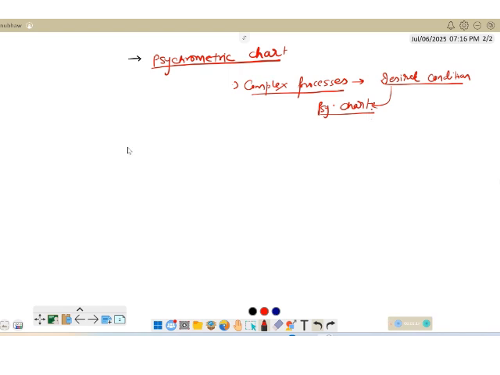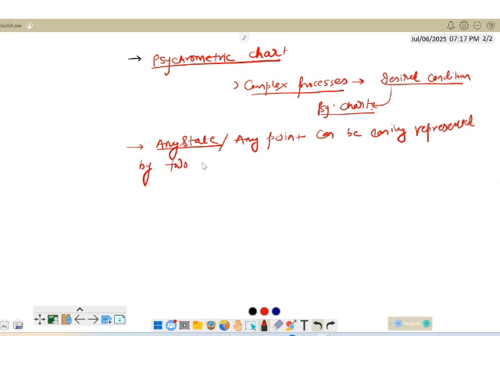So how is the psychrometric chart useful for us? Because any state or any point can be easily represented by two intensive properties.